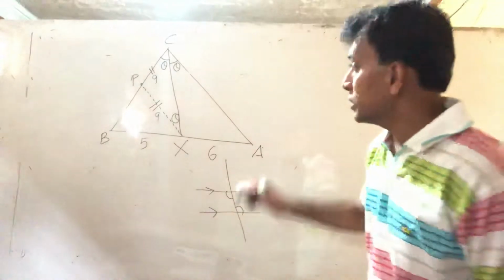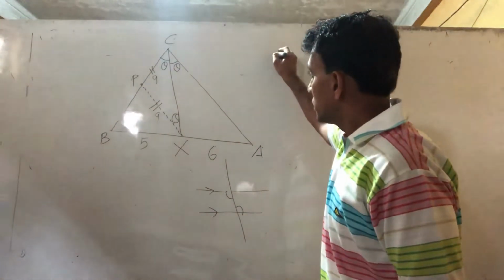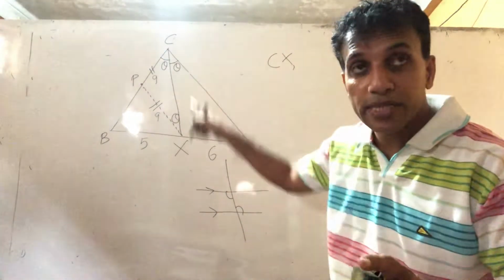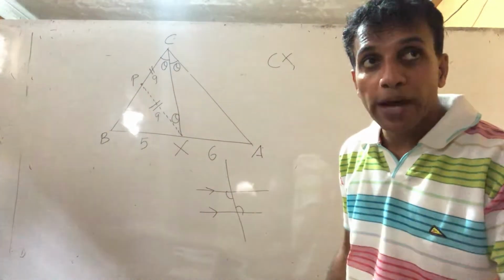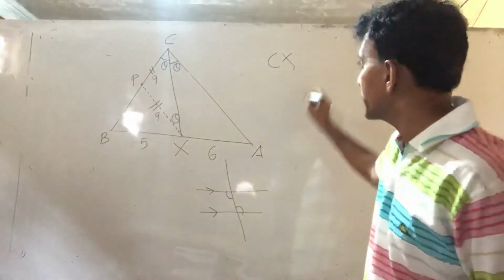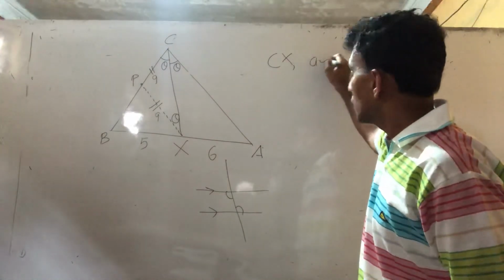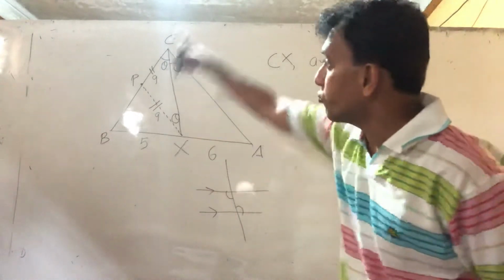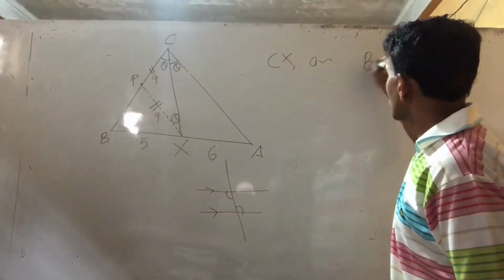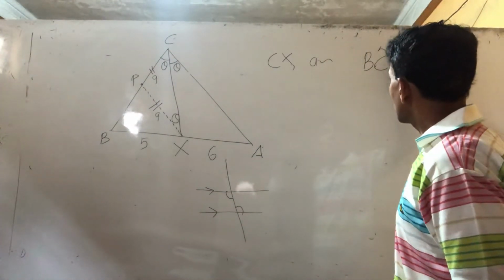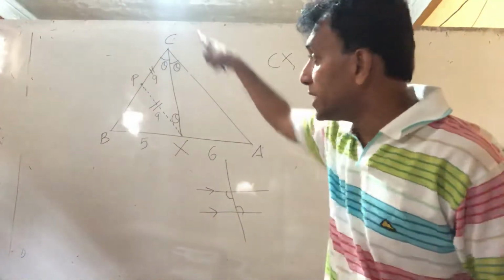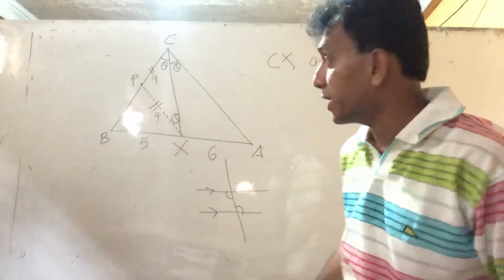So see the method. Write that CX is the angle bisector of BCA, given data, right?